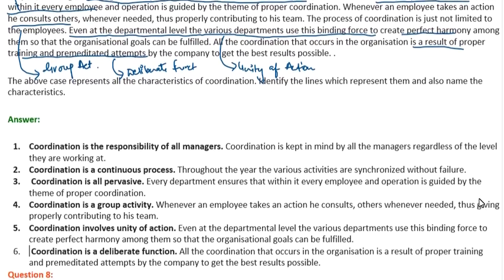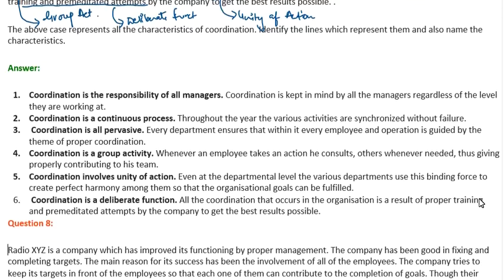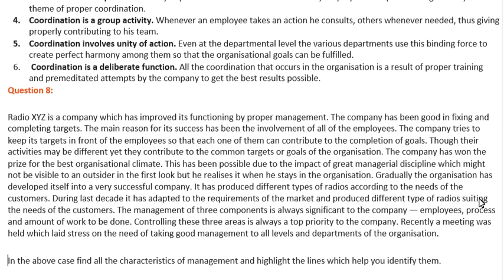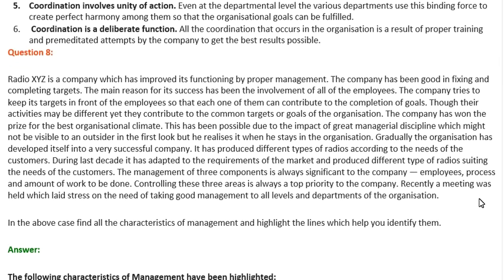This is the answer. I think we have judged all the right points correctly. Okay, now let's see question number 8. Radio XYZ is a company which has improved its functioning by proper management. The company has been good at fixing and completing targets.